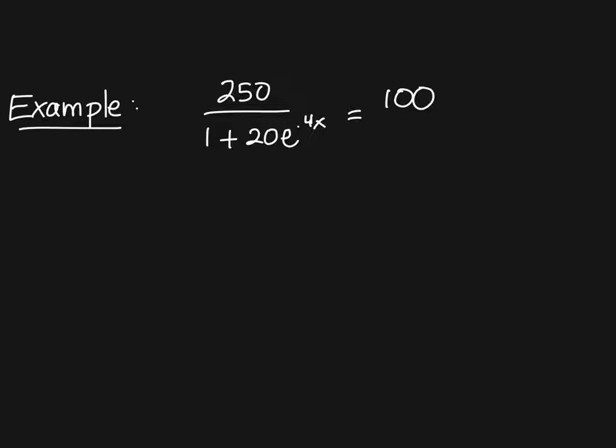What we're going to do when you see a problem like that is drop a 1 under the 100. Because what will that allow us to do right away? And then we don't have to have that problem look like that anymore. So when I drop a 1 under 100, now I'm going to cross multiply. Let's start with 250. That cross multiplies to 1. What does the 100 cross multiply to?